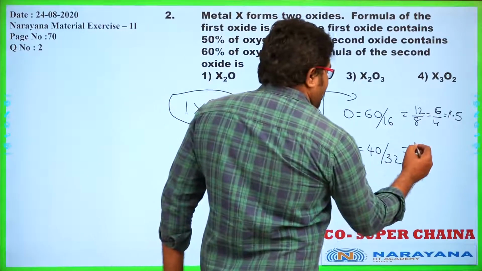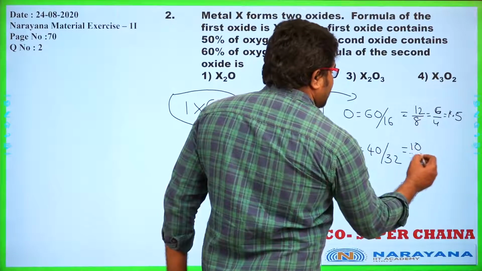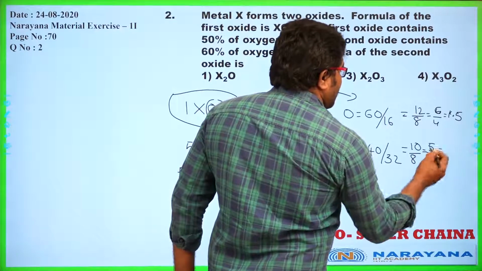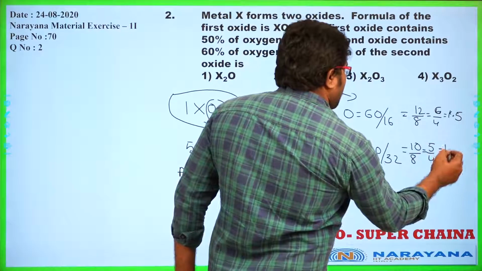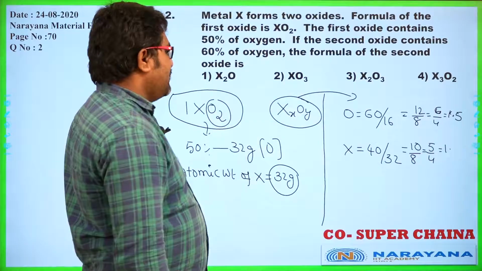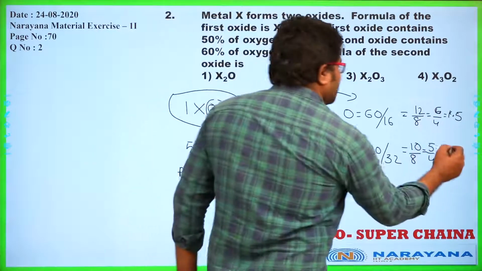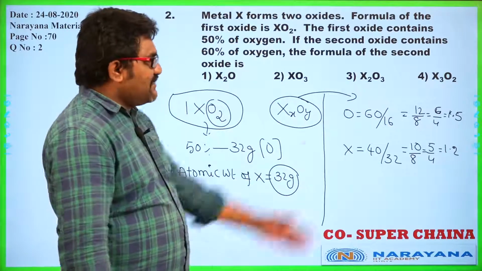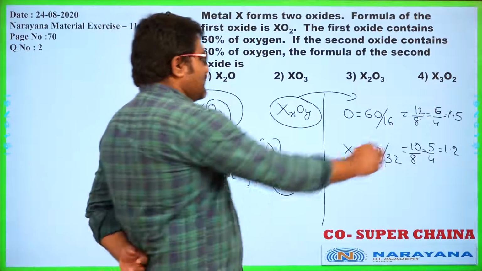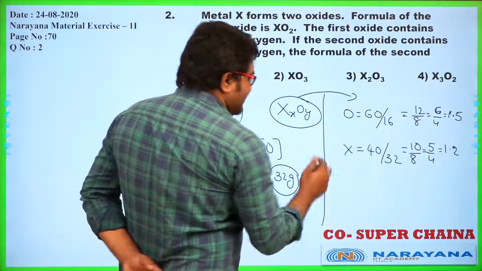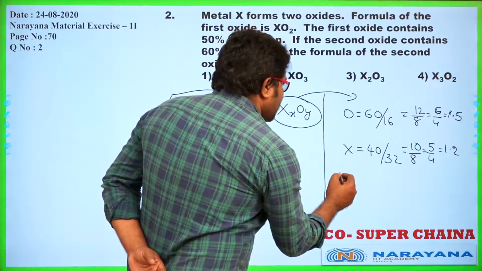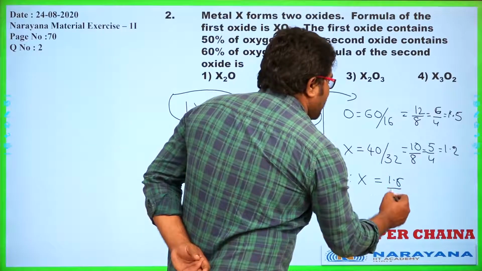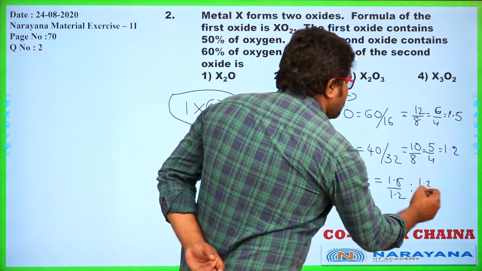Now here 10 by 8, or that is 5 by 4. So 5 by 4 means 1.2 something. For the simplest whole number ratio, we can multiply those with some whole numbers, integers. So the simplest ratio, oxygen to X, is 1.5 by 1.2 to 1.2 by 1.2.